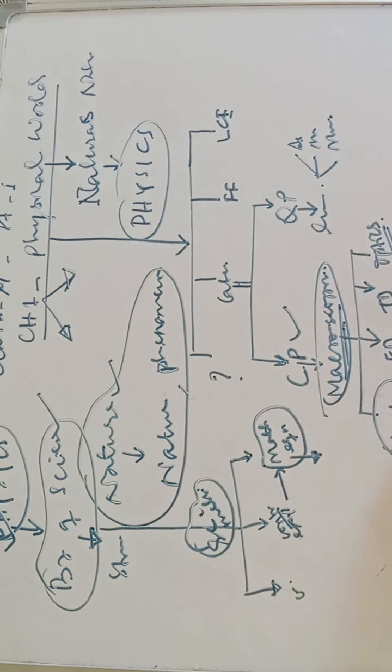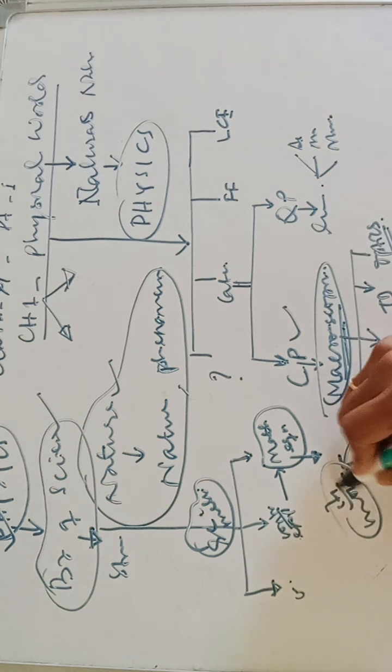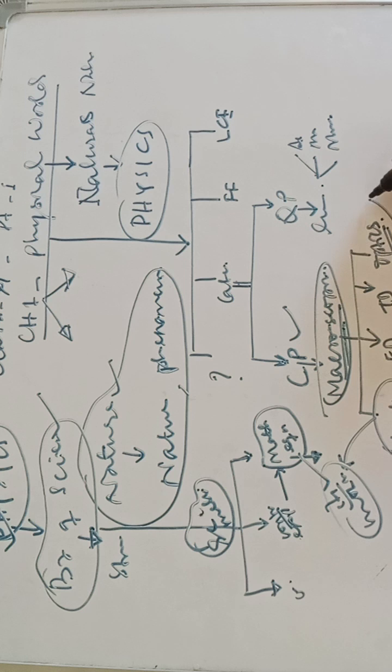In mechanics, we'll be studying particles having mass and its motion. That means under mechanics we'll be studying motion of particles, whereas under thermodynamics we'll be studying heat flow, and under optics we'll be studying light.